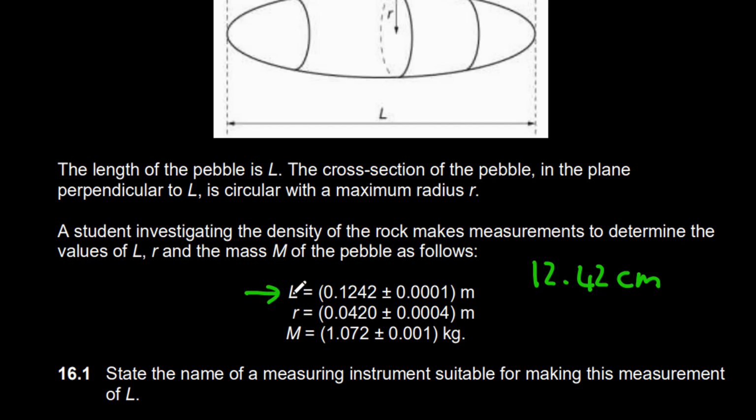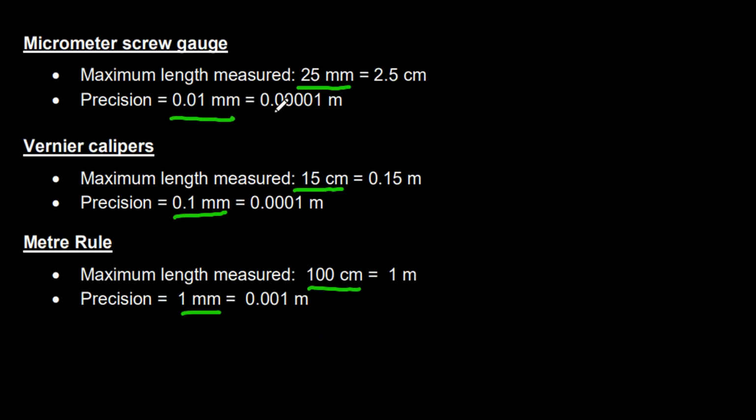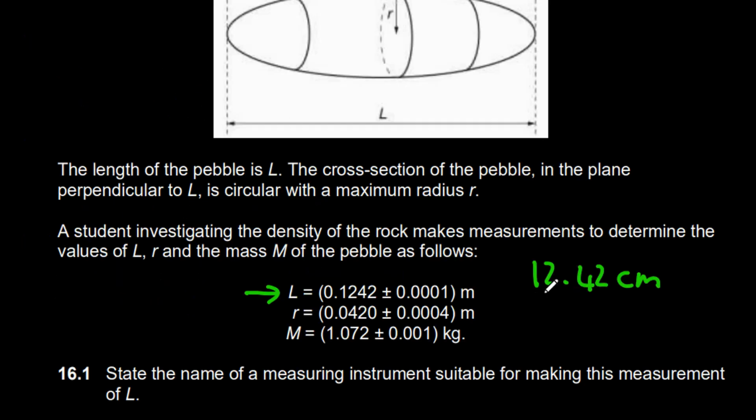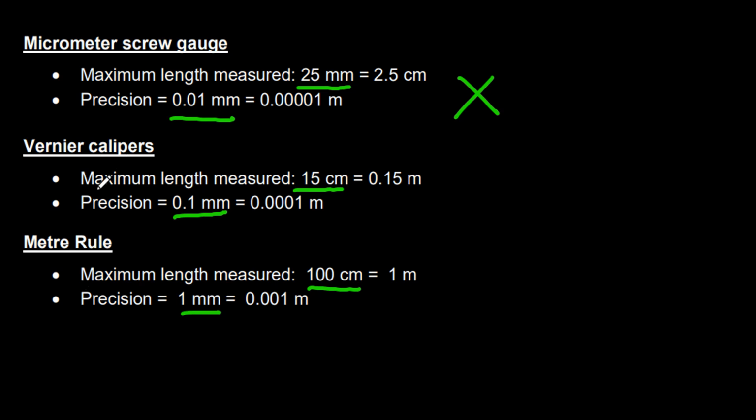If we go back to the length here, the length of this pebble was measured to be 12.42 centimeters. The micrometer can only measure up to 2.5 centimeters, so we can eliminate this option. So it's between the vernier calipers and the meter rule. Because the vernier calipers can measure up to 15 centimeters, and the length of the pebble is only 12.42 centimeters, it can be one of these two. But now we consider the precision or resolution.